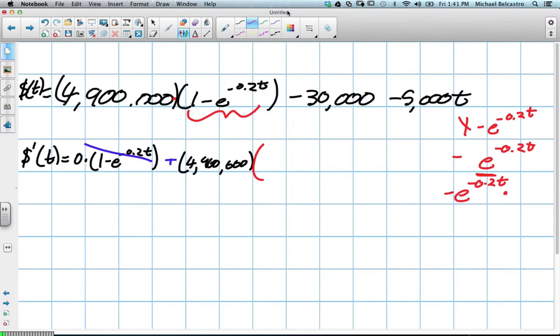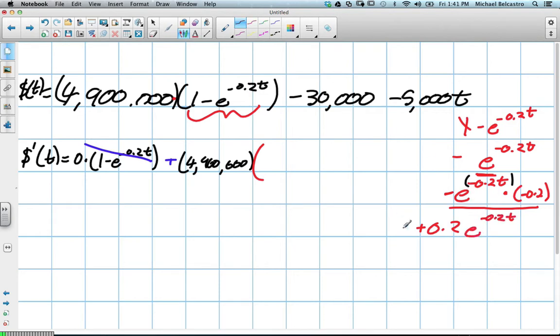And then we derive what's up here. This derives into negative 0.2. So negative 0.2. So to simplify all of this, I can bring the negative 0.2 to the front. And because there's a negative here and a negative here, it becomes a positive. So we have positive 0.2 e to the power of negative 0.2t.